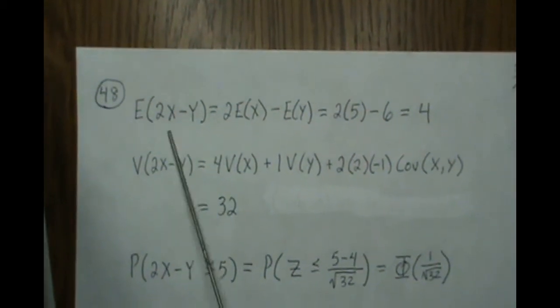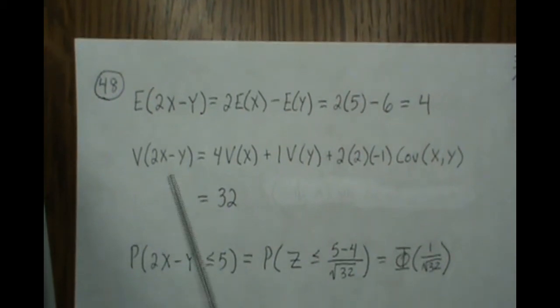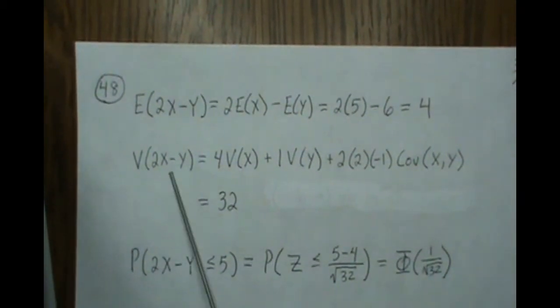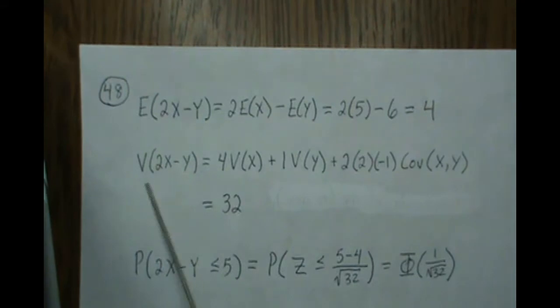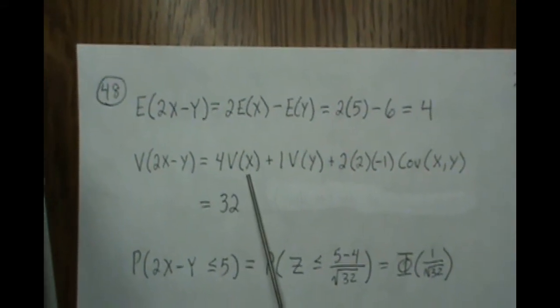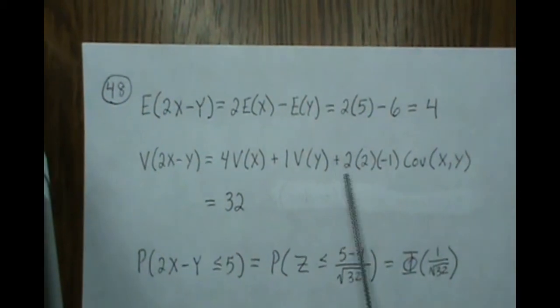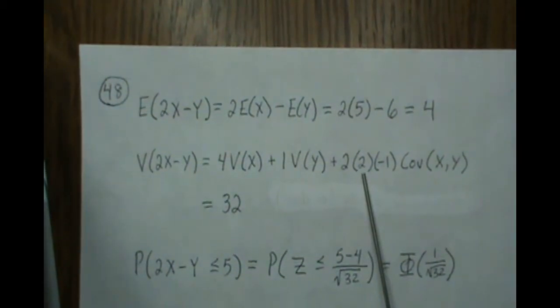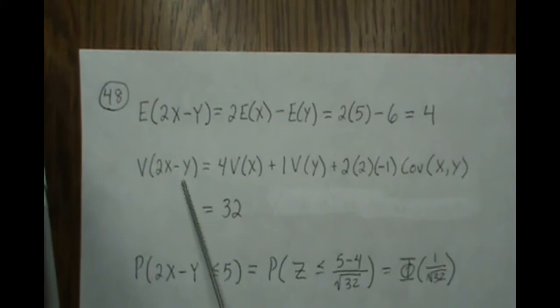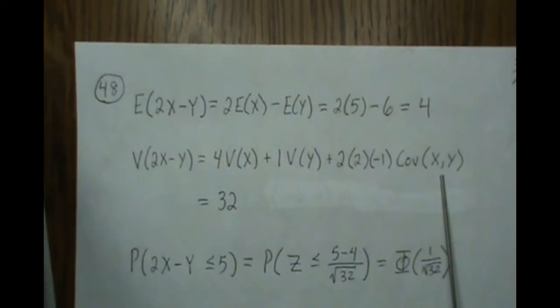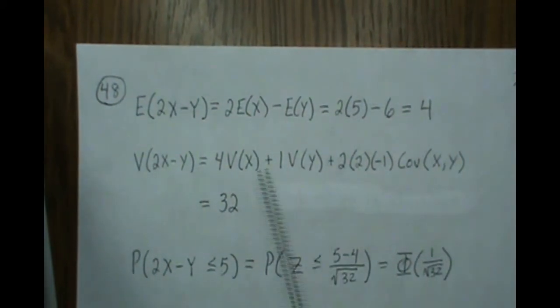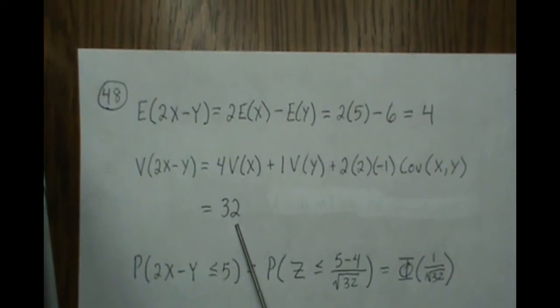The variance of this linear function is you take out the 2 squared times variance of x, take out the minus 1 squared times variance of y, 2 times a times b times the covariance, and these are all given, so it comes down to 32.